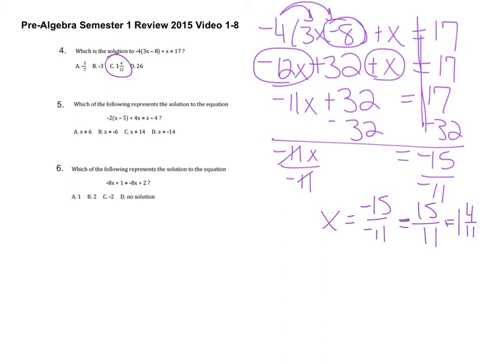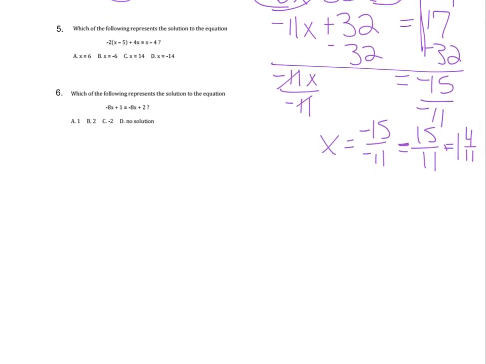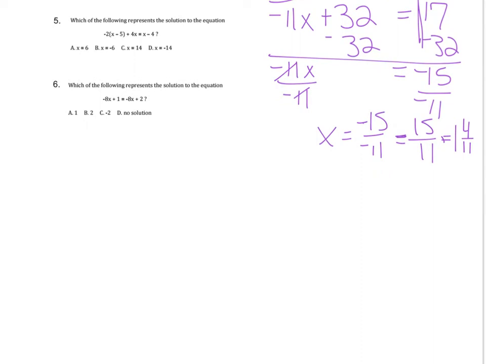Number 5 says, which of the following is the solution to this? Let me move this up a little bit where I have some room. So we're going to say negative 2 times x minus 5 plus 4x equals x minus 4. Find that equal sign. Look on the left. I have distributive property.